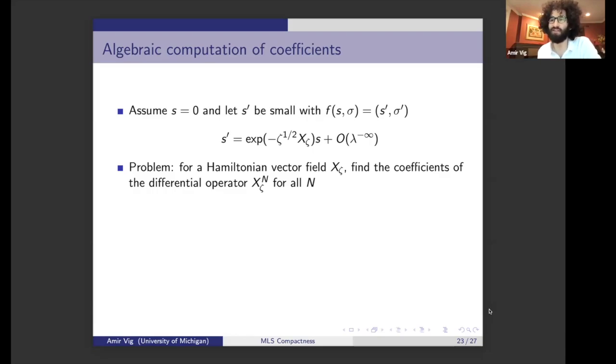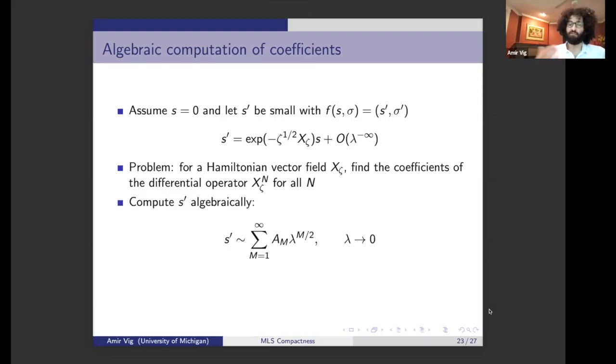What are the coefficients of f of x d/dx to the power n? It turns out there's an easy answer to that one. And in the 1D case, you can reduce the Hamiltonian vector field to that case. But in higher dimensions, there's no explicit formulae. It's in terms of rooted trees, or at least that's the best I could find.